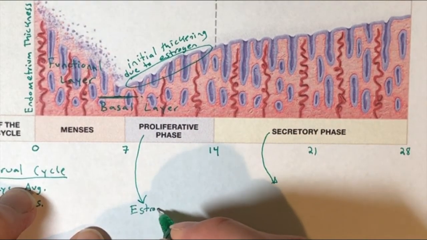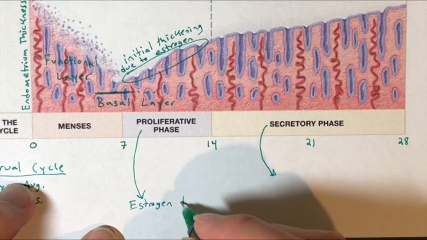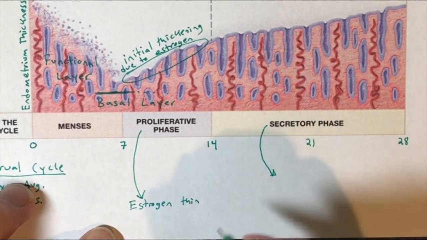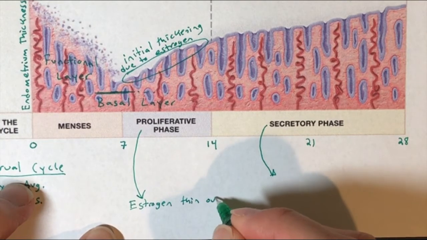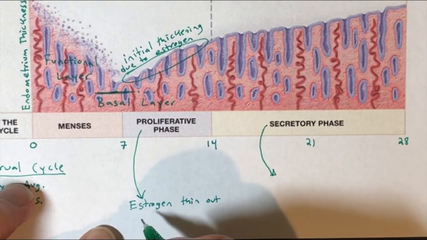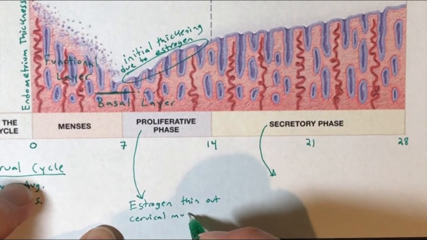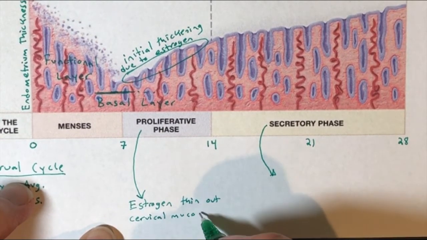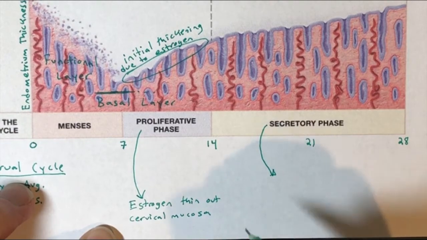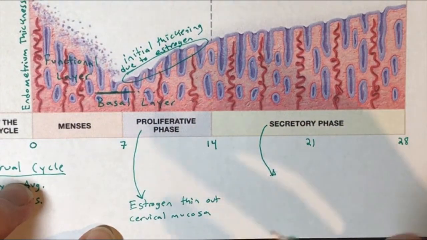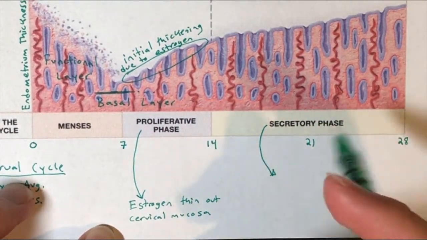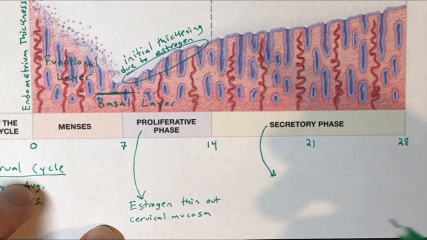Another thing that estrogen does is it's going to thin out the cervical mucosa so that sperm have an easier time entering into the uterus.